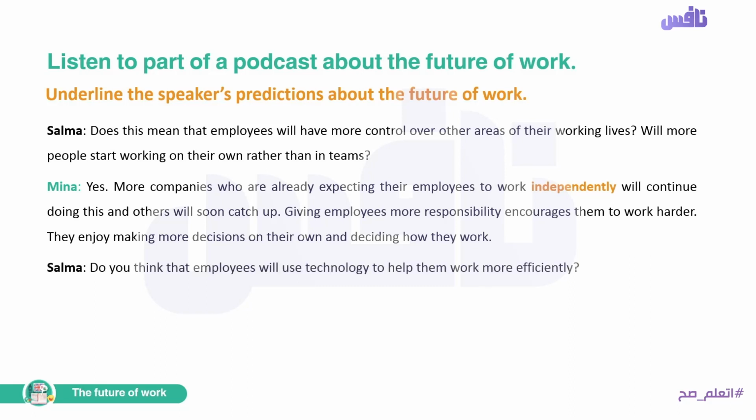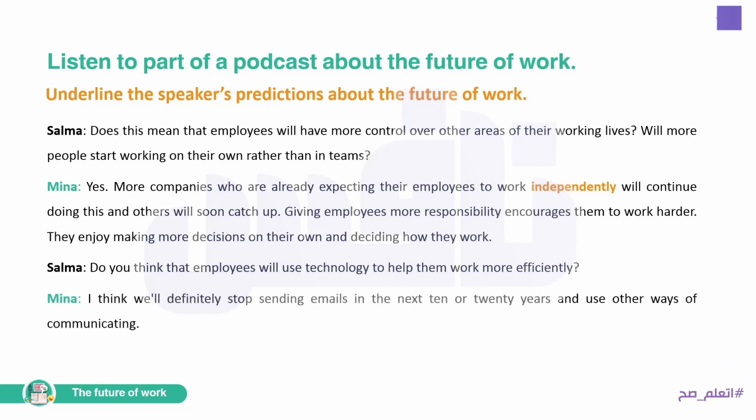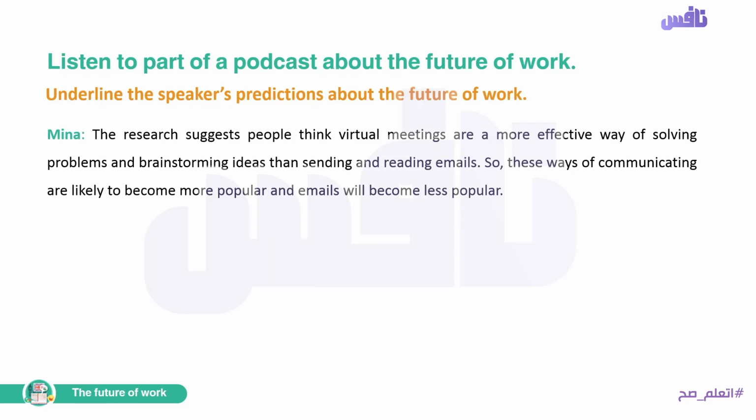Salma: Do you think that employees will use technology to help them work more efficiently? Mina: I think we'll definitely stop sending emails in the next 10 or 20 years and use other ways of communicating. Salma: Why? Mina: The research suggests people think virtual meetings are a more effective way of solving problems and brainstorming ideas than sending and reading emails.